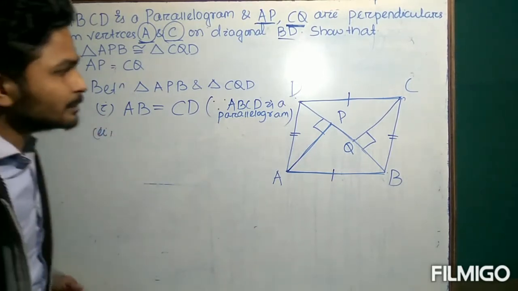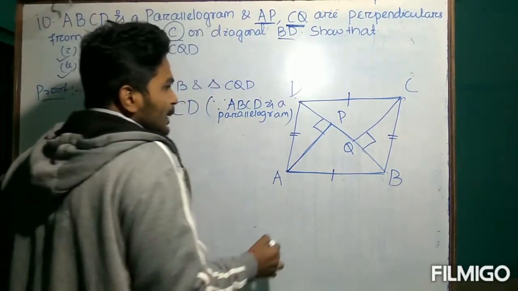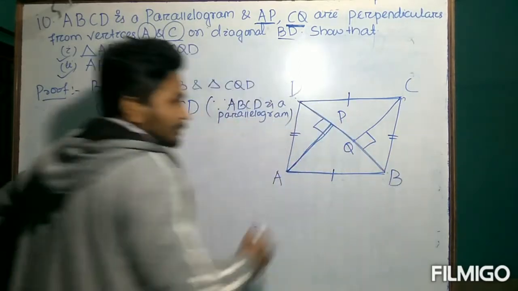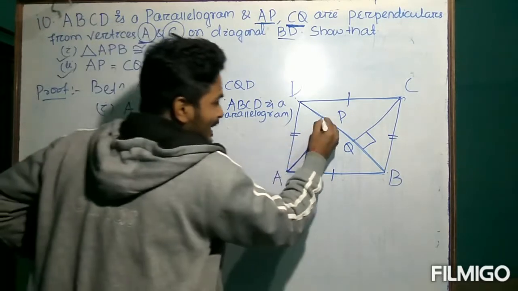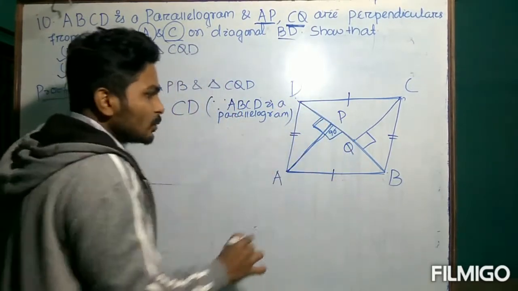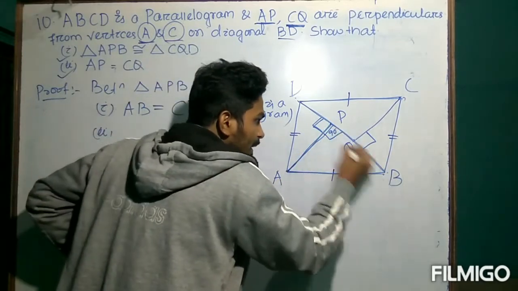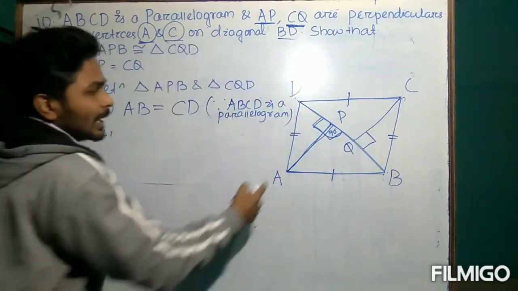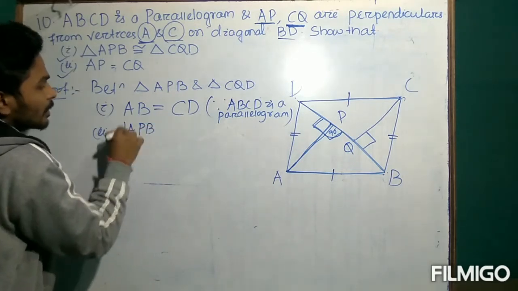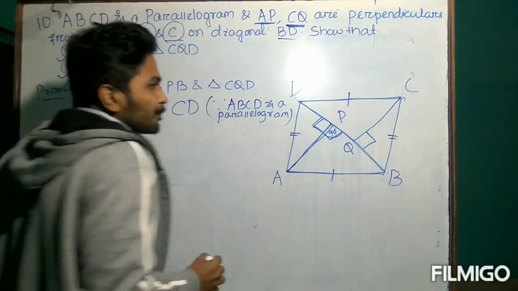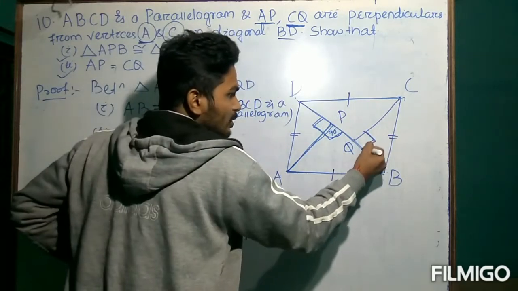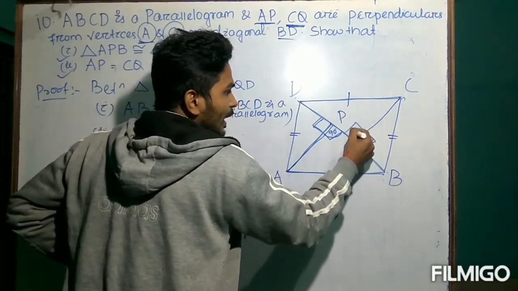The second condition is that AP is a perpendicular line on BD. It means this angle is 90 degrees.